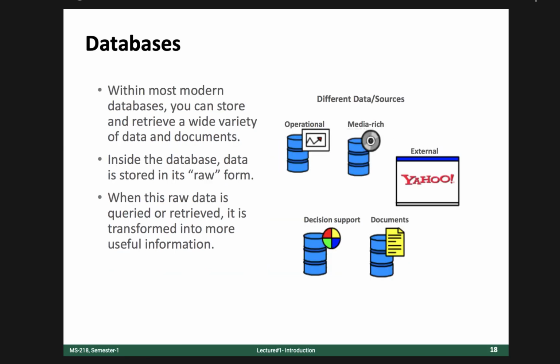So I have talked about how data could be in its raw form, right? It could be numerical data, textual data, categorical data, or multimedia rich data, like documents and PDF documents. So these are different types of data.